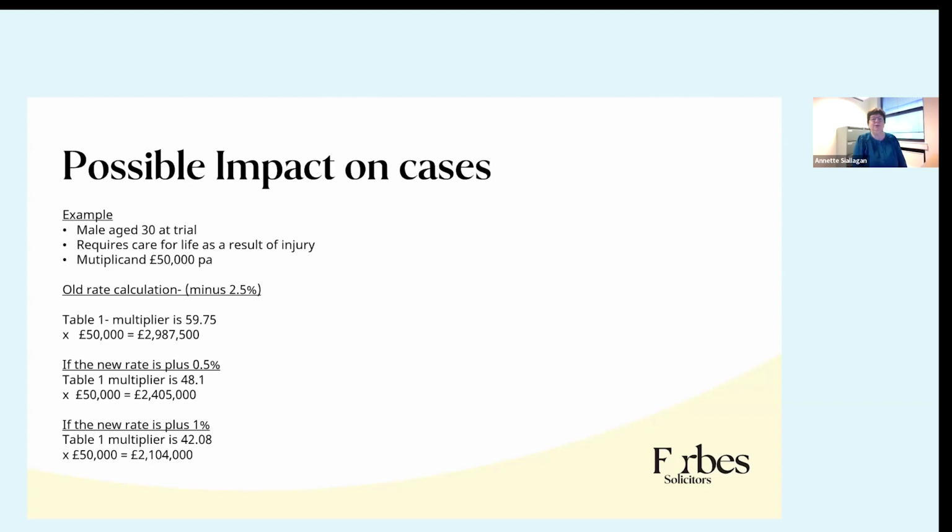Whereas if you use plus 0.5, which is possibly the rate it's going to go to, the calculation is much less, 2.4 million. And if it's plus 1, then it goes down to 2.1 million. So it does make a big impact. And that's just looking at one head of loss on one case, albeit quite a catastrophic case. So this change could have a huge effect, probably in a positive way for insurers when it is announced.